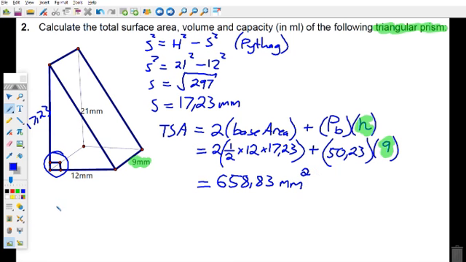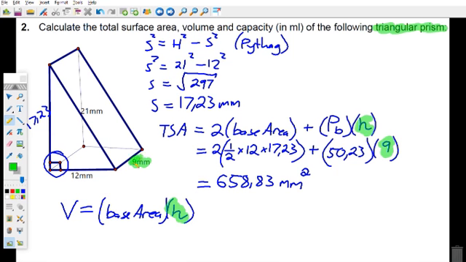Now, next thing, last quickly. We got this. So, volume is equal to what? The base area, which in this case is a triangle, times my height. Where do we get that height from again? It's this 9.